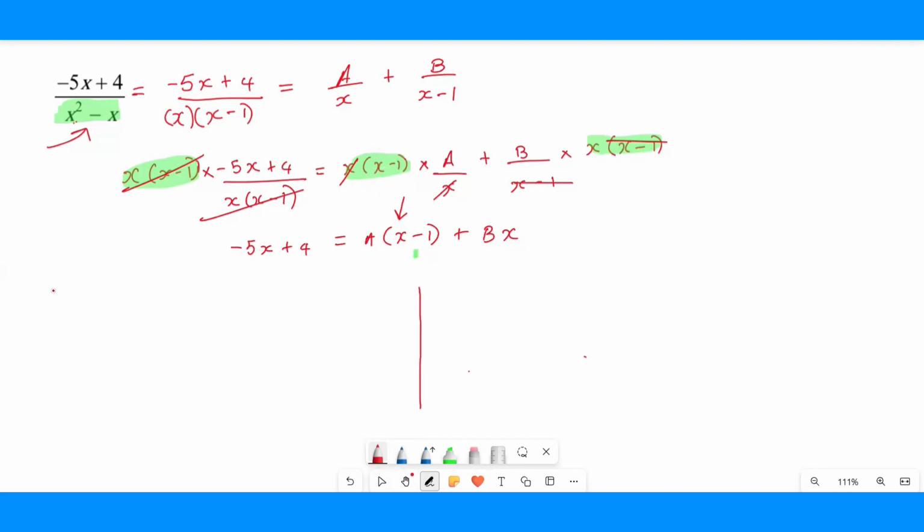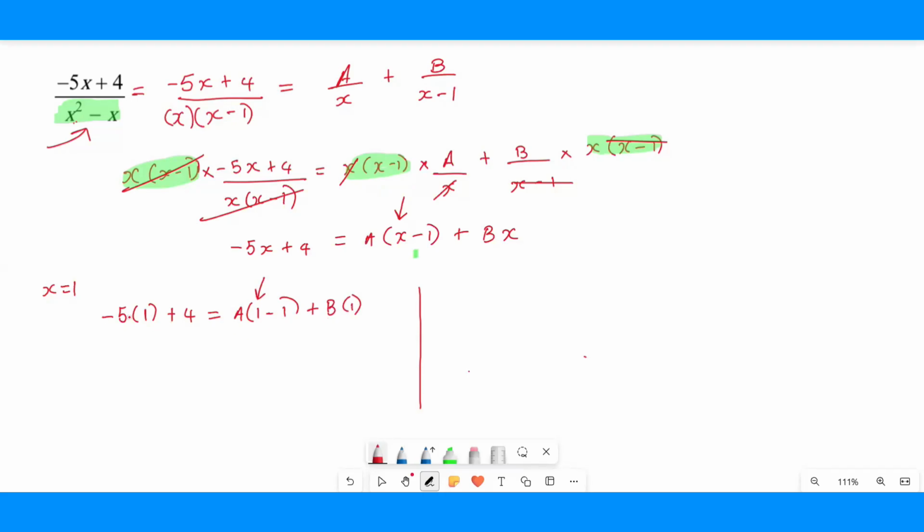So if x is equal to 1, then when we have negative 5x, I'm going to put positive 1, plus 4, and this is equal to A times 1 minus 1, plus B times 1.